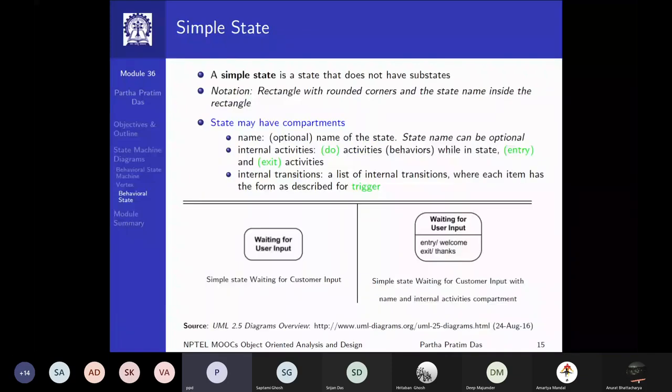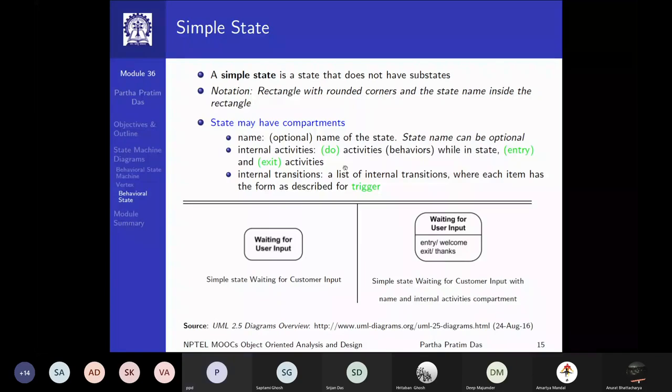A simple state is one which does not have a substate. So just the state itself will tell you what it is. It has a name, which may be optional. For example, here you have one simple state which has the name but nothing else.